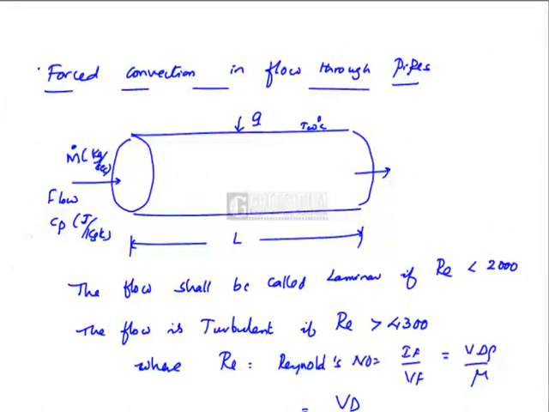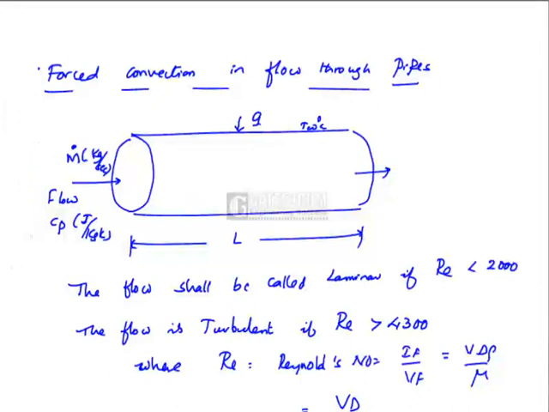Because once the Reynolds number is greater than 4300, the flow becomes turbulent. Most of the flows in circular ducts would be turbulent, because even at the Reynolds number of 4300, the flow would be becoming turbulent.